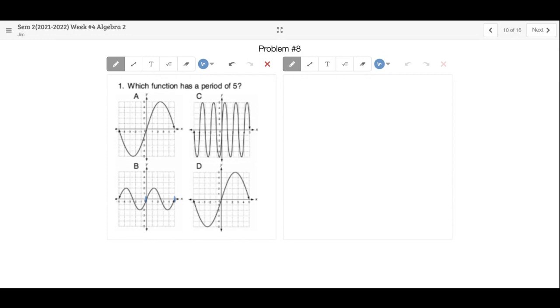Now, I will tell you that the hardest problem on the assessment this week is being able to write an equation of a graph. So what we're going to do right now, and this is not the question for number 8, but we're going to take letter B and write the equation for that.